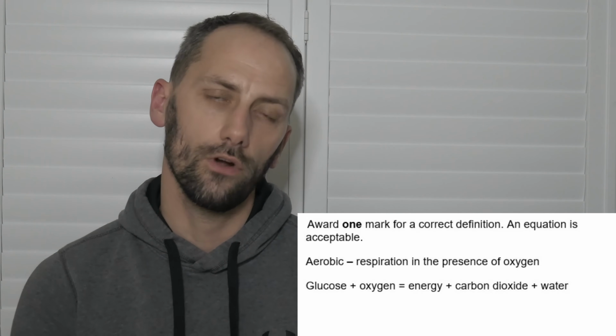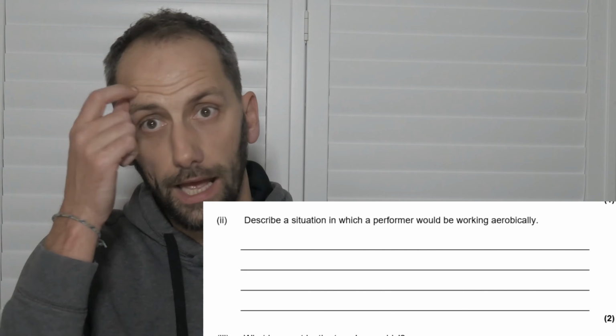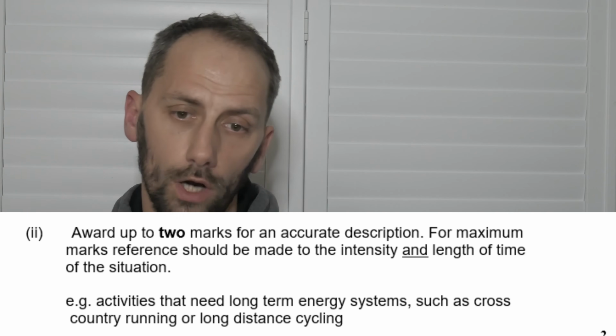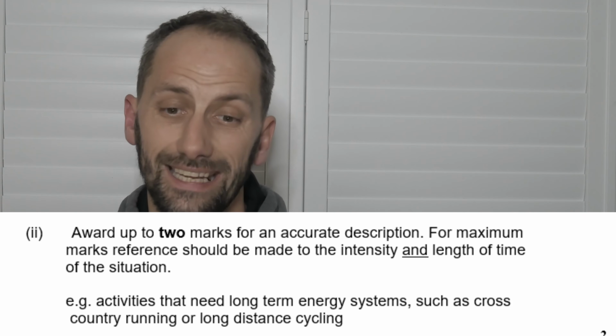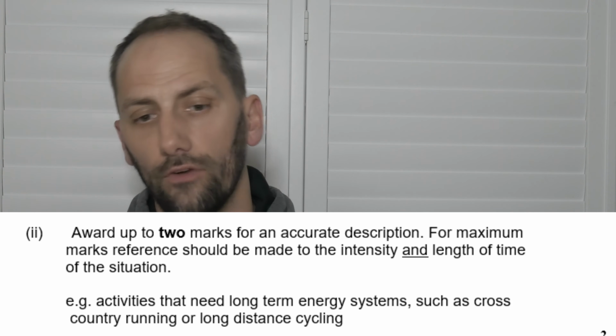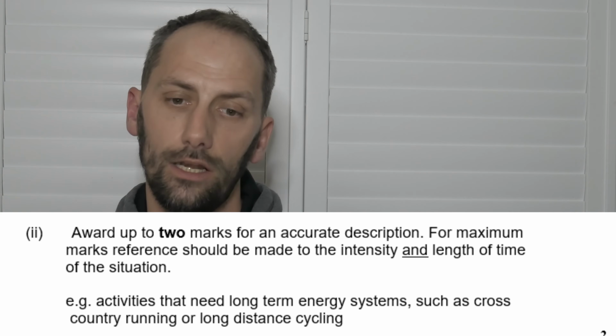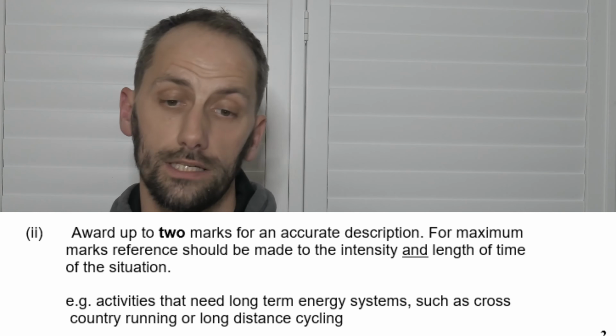You've then got to discuss when we're going to be using our aerobic respiration. It says here to award 2 marks for an accurate description; for a maximum, reference should be made to the intensity and length of the situation. The example on the mark scheme is activities that need long-term energy, such as cross-country running or long-distance cycling.